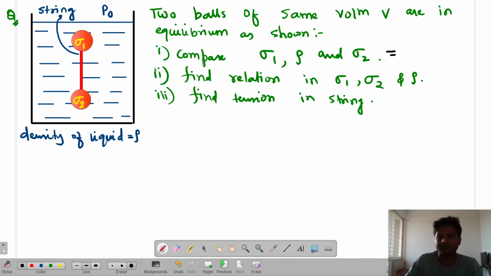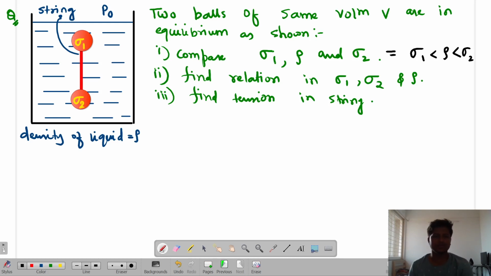Tell me one simple thing first. Which one is floating upward, sigma 1 or sigma 2? So sigma 1 is definitely less than rho. Sigma 2 is going down or not? So sigma 2 is greater. This is your comparison between sigma 1, rho and sigma 2.